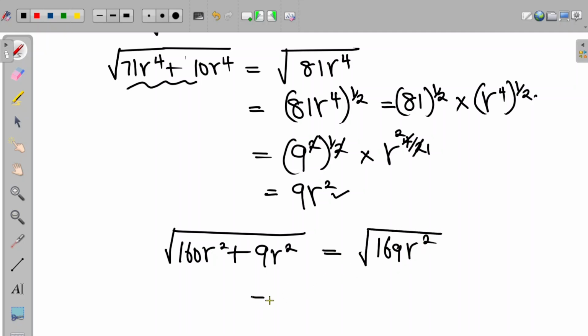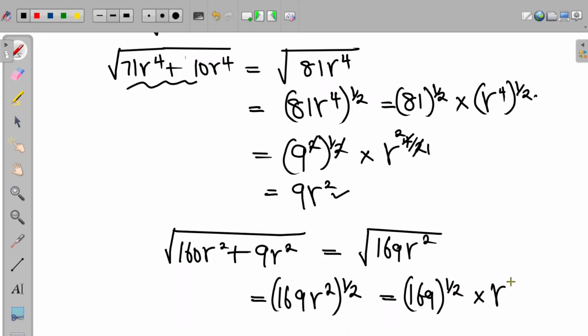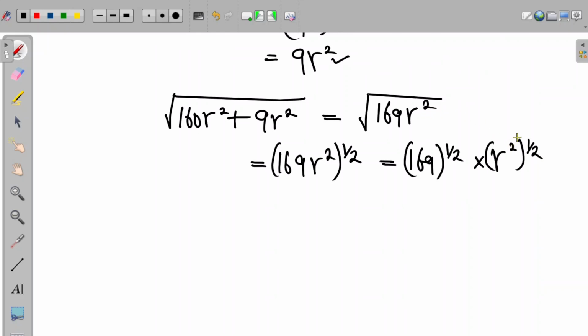Again, this is 169 r squared all raised to the power of 1 divided by 2. So from product power law, we have it that this is 169 raised to the power of 1 divided by 2 times r squared raised to the power of 1 divided by 2. So 2 here can cancel out 2 here, and 169 can be expressed in powers of base 13.